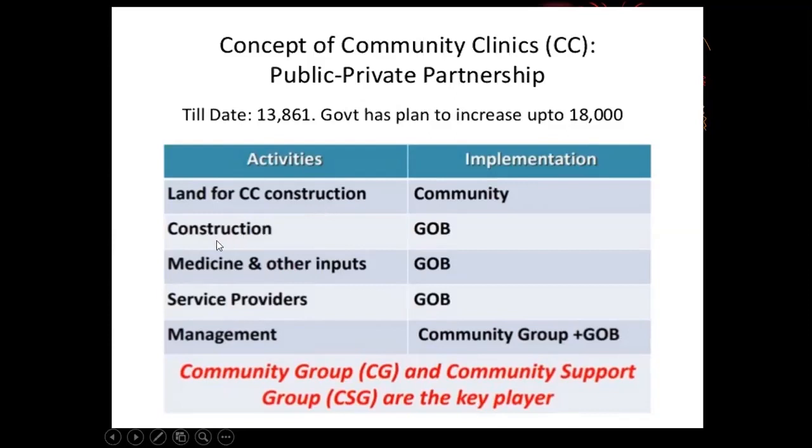Then construction, government. Government will construct the infrastructure. Medicine and other input by government. Service provider by government. Management, community group plus GOB. That is public-private partnership. Community group, CG, and community support group, CSG, are the key players for the maintenance of a community clinic.